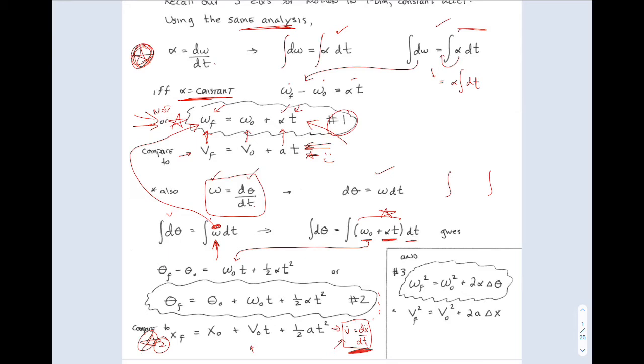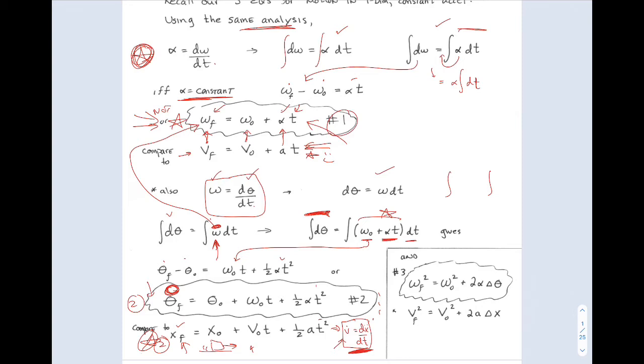I'm integrating alpha t dt, which gives me 1/2 alpha t squared. And then this just integrates to delta theta, or theta final minus theta initial. So this gives me equation number 2 written for angular quantities. So instead of asking how far the car is down the road at a certain time, now this tells you how many times something rotated around after a certain time.